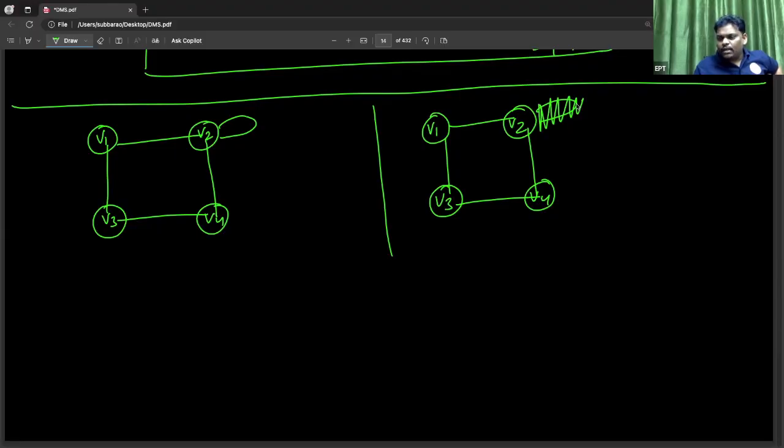In the left side diagram, a self loop is there. In the right side diagram, there is no self loop. And one more thing: between V1 and V3 an edge is there, and if I keep one more edge, these are called parallel edges. This edge and this edge both are called parallel edges.